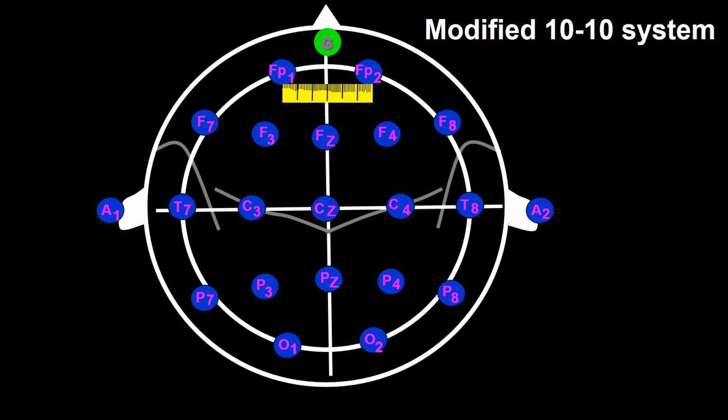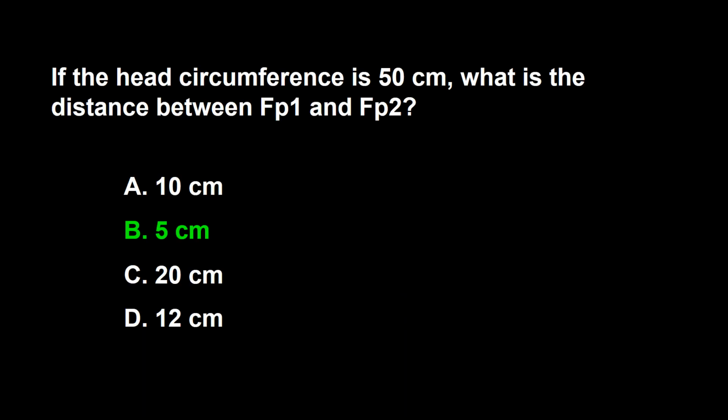So the distance between FP1 and FP2 is 10% of the full head circumference. So 10% of 50 centimeters is 5 centimeters. So the answer to this question is B, 5 centimeters.